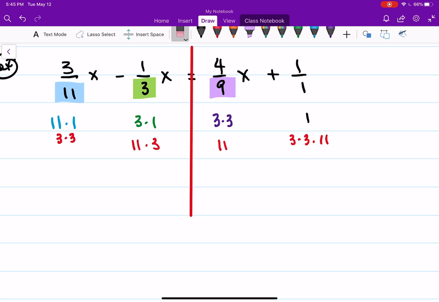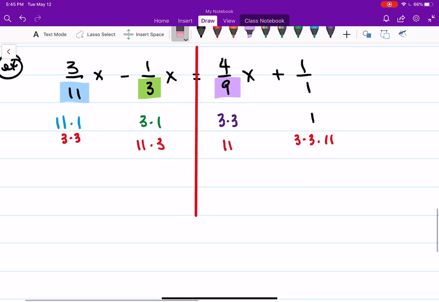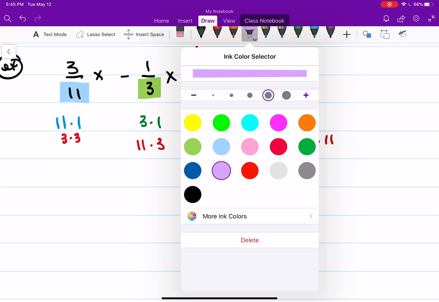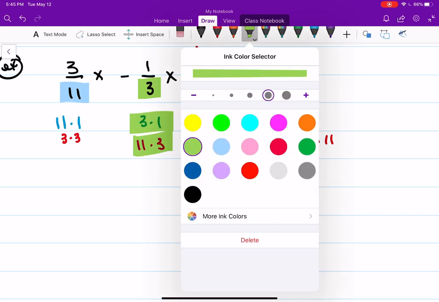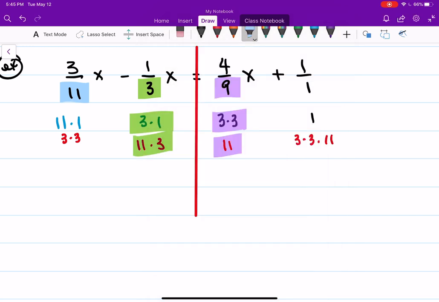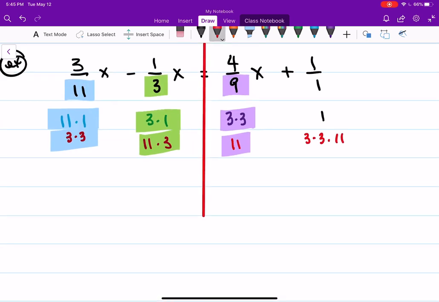Looking at all of this right now, do you agree that each sister now has 2 3s and an 11?